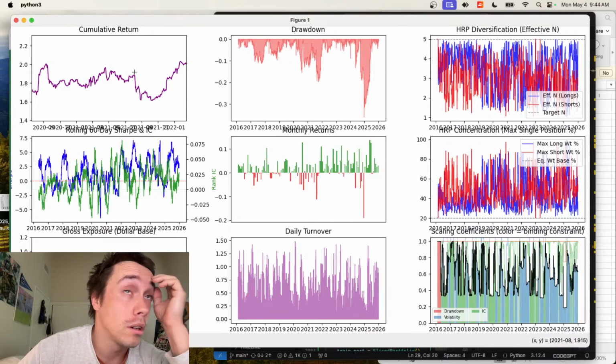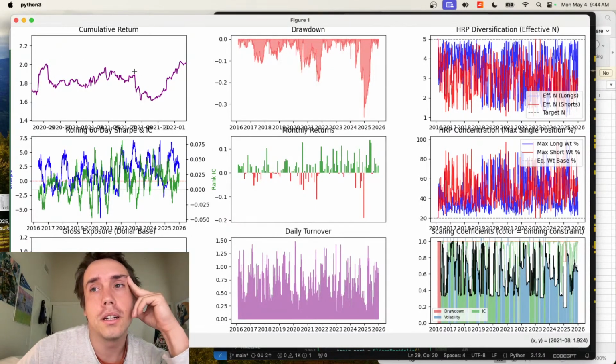Dropped only down to 90% by... Oh, so it took a lot longer to recover. Because before it was turning around around here.